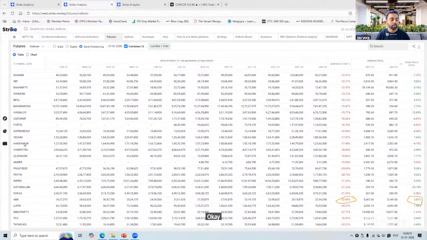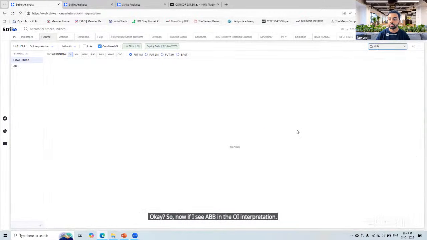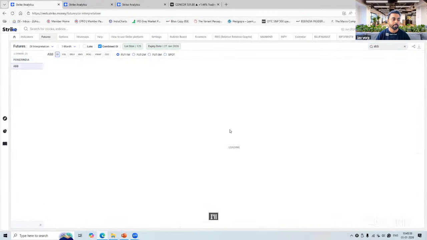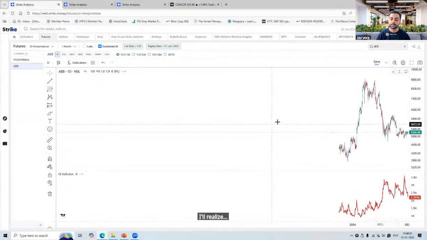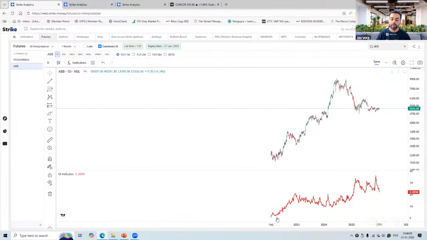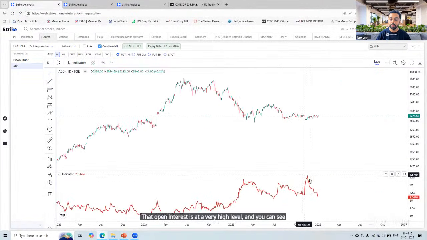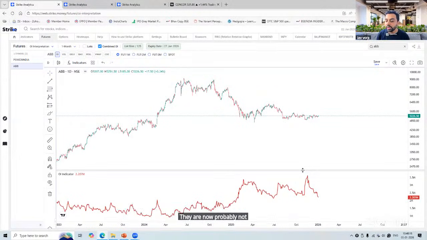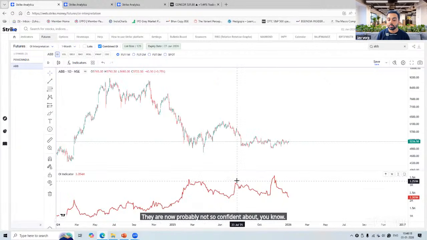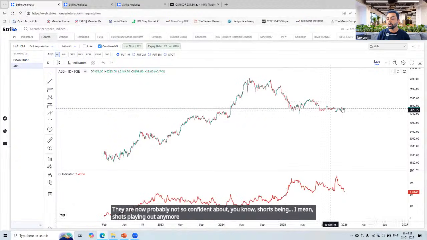Now if I see ABB in the OI interpretation, I'll realize that open interest is at a very high level, and you can see people are unwinding their positions. So the ones who are short are probably not so confident about shorts playing out anymore, because now the stock has become subdued.